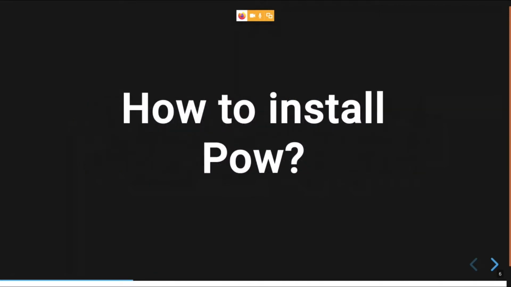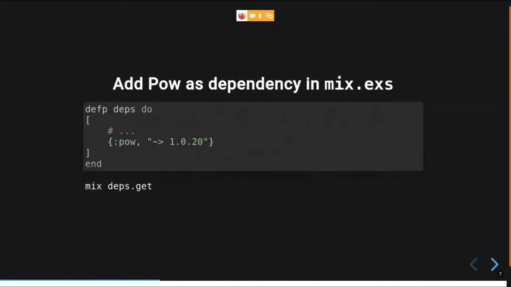So we'll get to know how to install Pow in a Phoenix application. The first step is adding it as a dependency in your Phoenix application. In your mix file, you have the deps function. Just add the line for Pow and the version number.